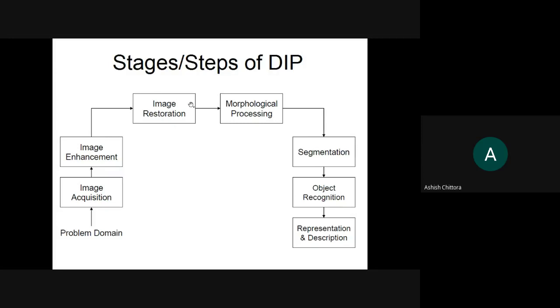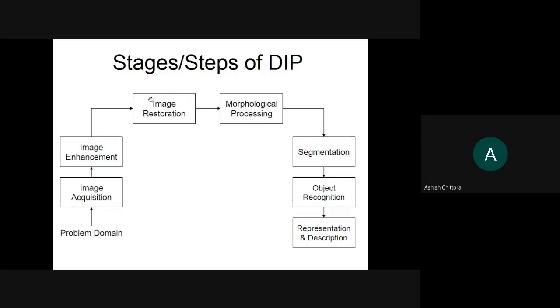Then we have to apply restoration. Suppose the image is sent on a communication channel, then it may be corrupted with noise. Also, while storing the image, there may be a possibility that we may not get the correct image for use by the machine or by humans. In that case also we have to apply image restoration.